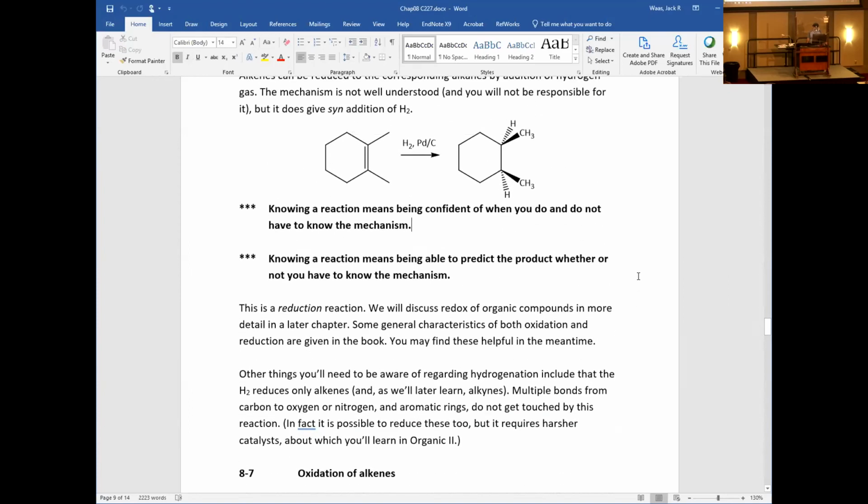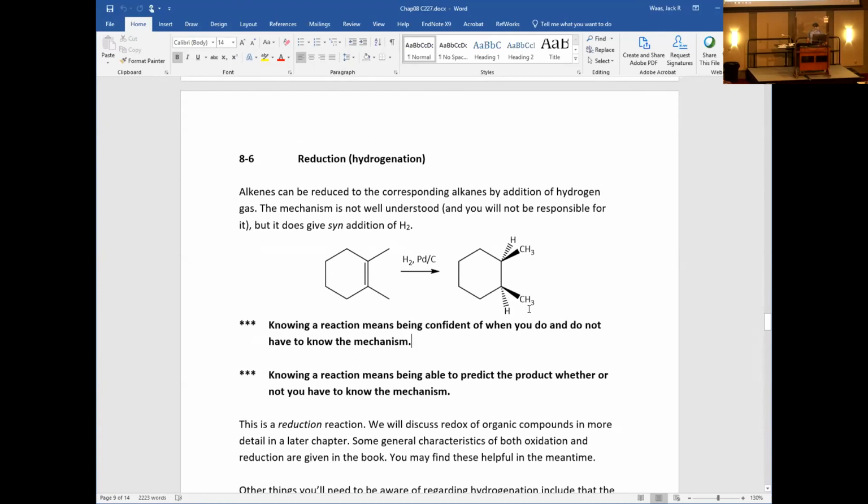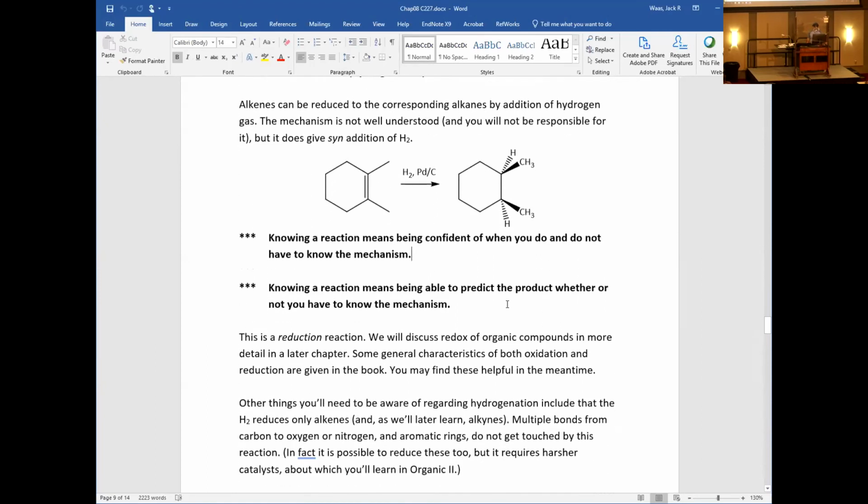We'll also later learn quite a bit about redox in organic reactions. And we'll learn that this is a reduction reaction.